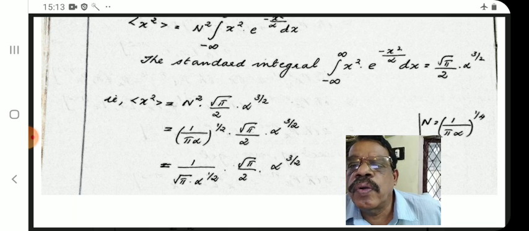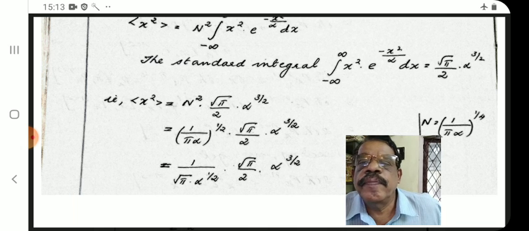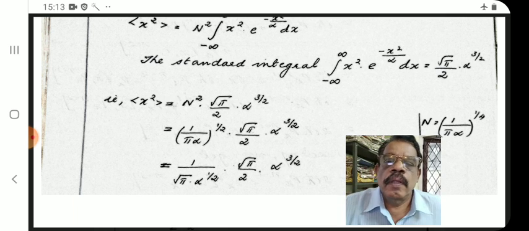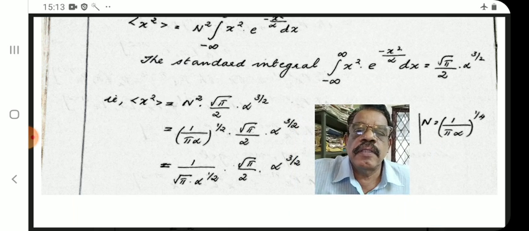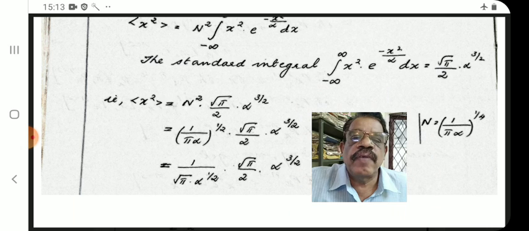And that we write in order, putting the value of N. N is given, I have written it in the margin: N is 1 by pi alpha raised to 1 by 4. That is given in the question.